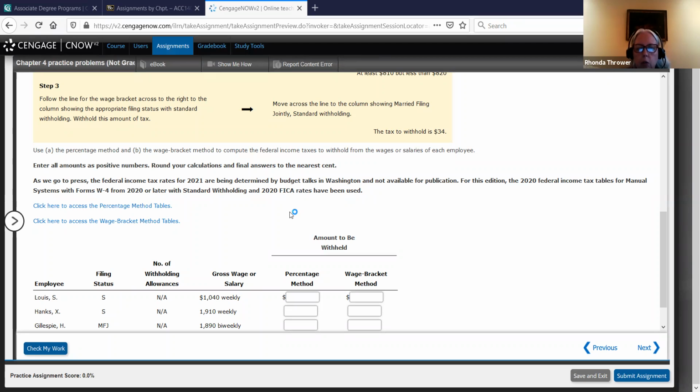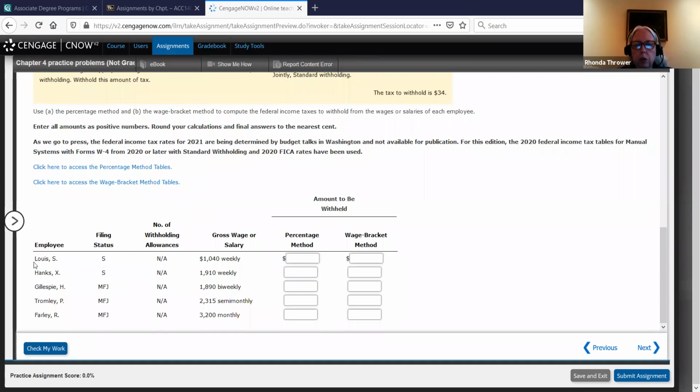So in this problem, what we're going to focus on is just calculating the federal income tax for each one of these employees. There's some important information that you need to know about each employee before we can calculate the federal income tax properly. First of all, you have to know their filing status.